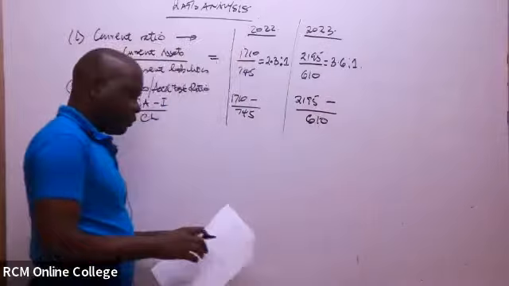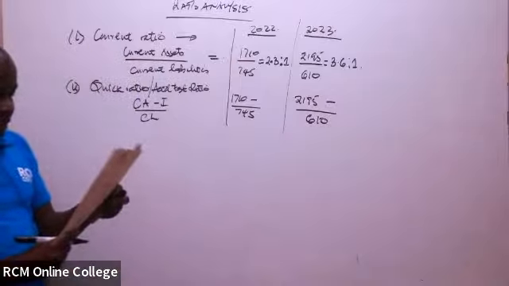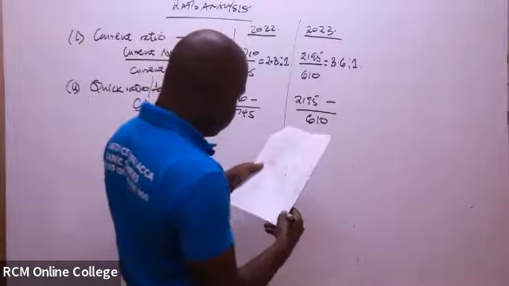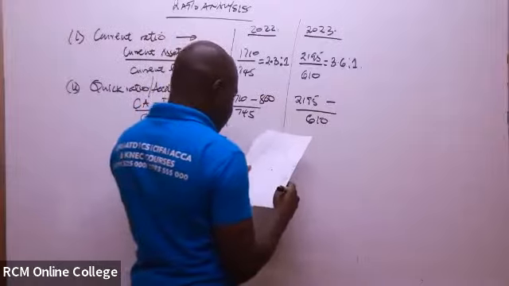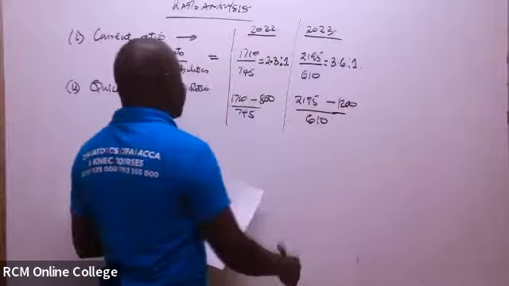We need to identify the value of inventory in our statement of financial position. For 2022, it is 800, and for the other year it is 1200. So you can do the computation.